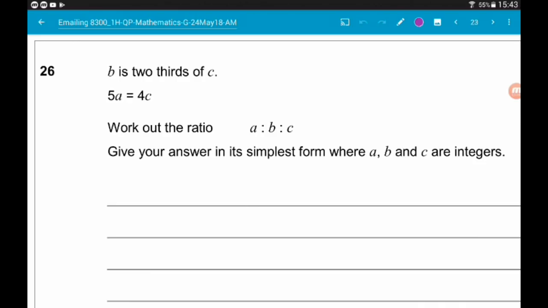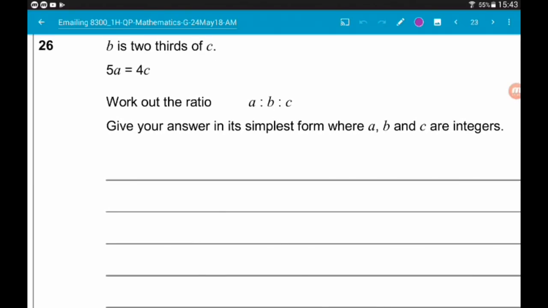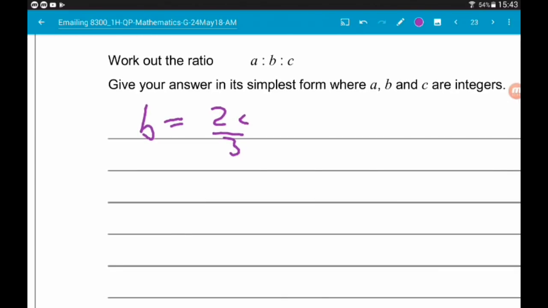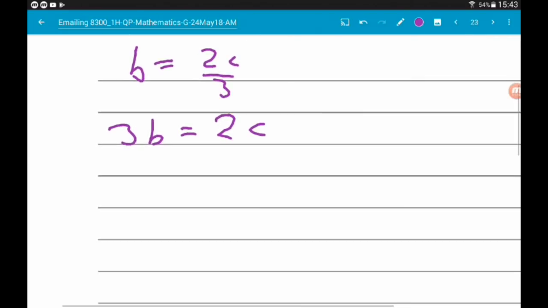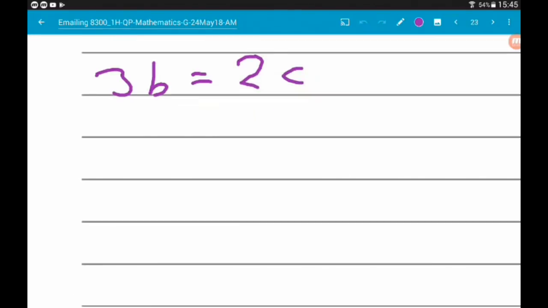So, let's start with B is 2/3 of C. As an equation, we can say B is 2C over 3. If we multiply by 3, we get 3B is equal to 2C. Now we want to turn this equation into a ratio. Here's a really nice trick for doing this. Underneath the equation, we write the ratio, but the letters swap sides.